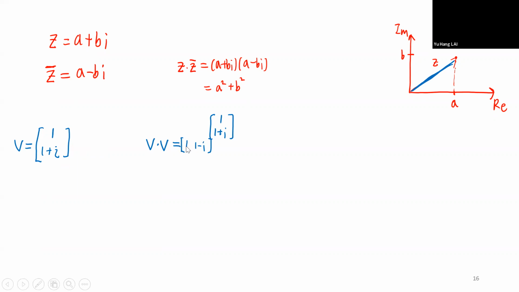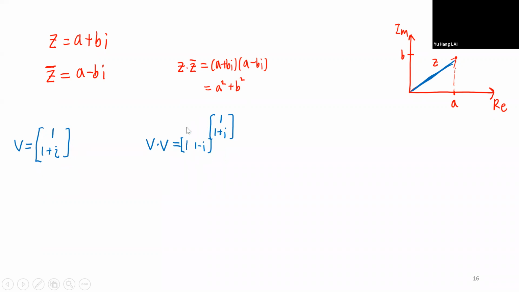The complex conjugate of 1 is just 1, but for 1 plus i, the complex conjugate is 1 minus i. So this is how we take the dot product for a complex vector.